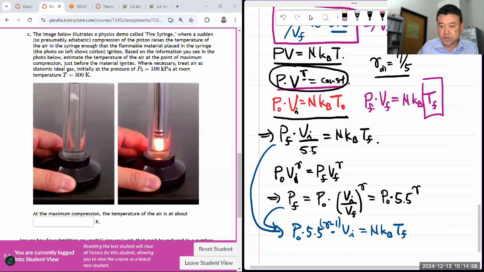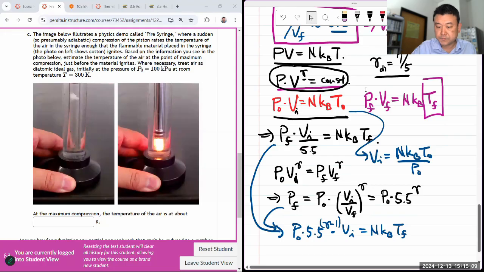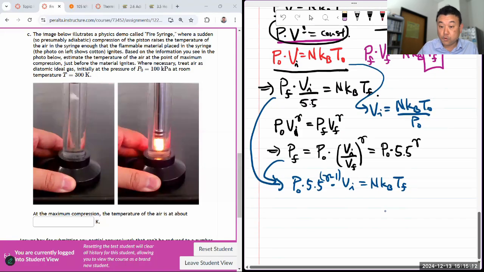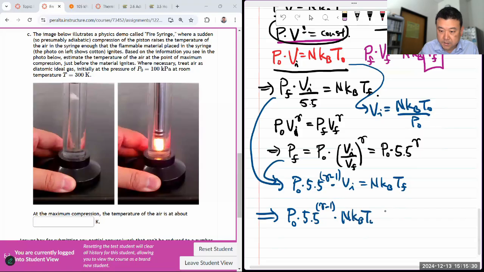And let me have this expression for V initial. V initial was N kB T initial divided by P initial, so I can plug that in. Oh, P initial cancels out, I don't even need it. So the whole equation is P naught times 5.5 raised to gamma minus 1 times N kB T naught divided by P naught is equal to N kB T final.